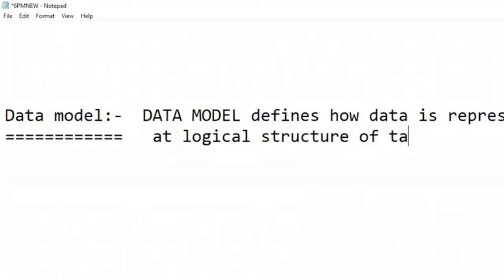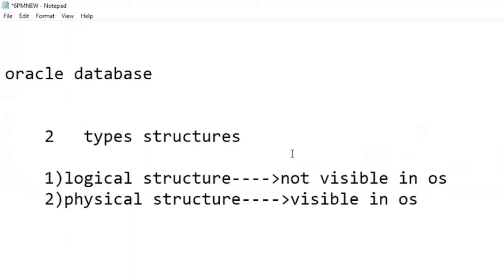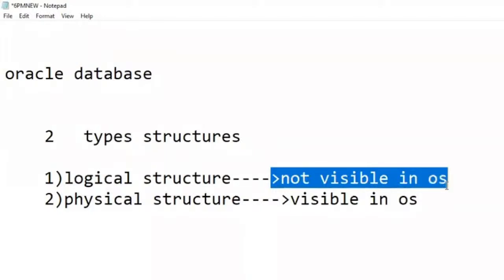How easy a definition. Observe it here: logical structure of the database. And now check it out on the screen. What is logical structure? As I told in the previous classes, a structure which is not visible in the operating system is called logical structure.